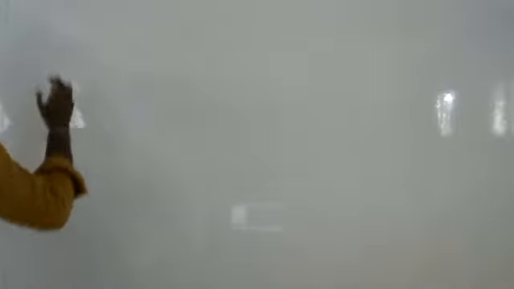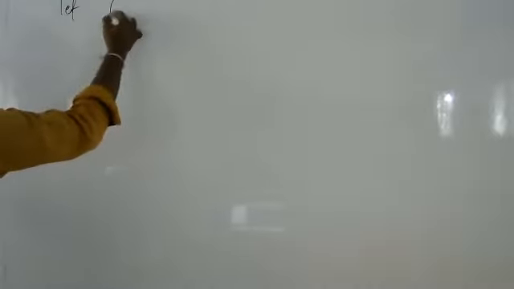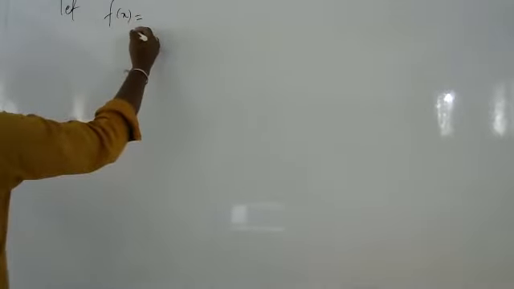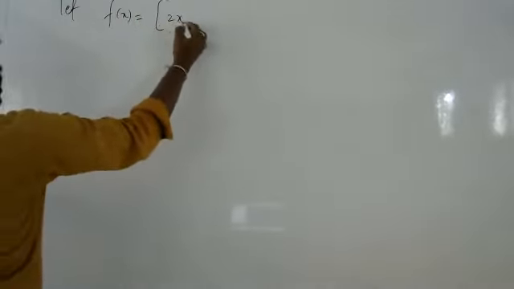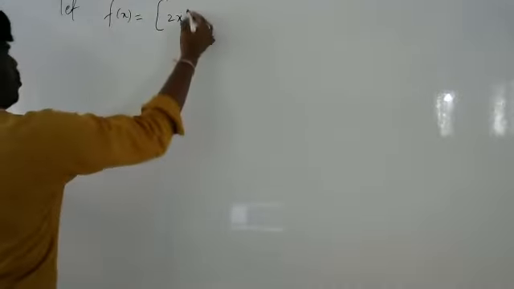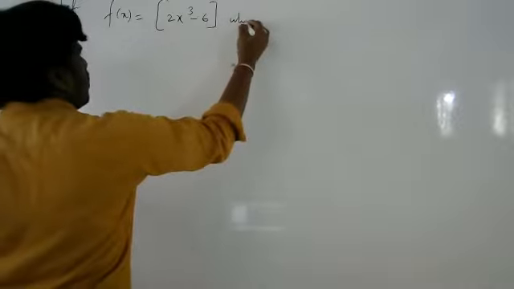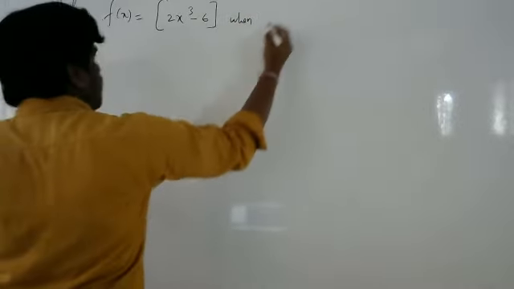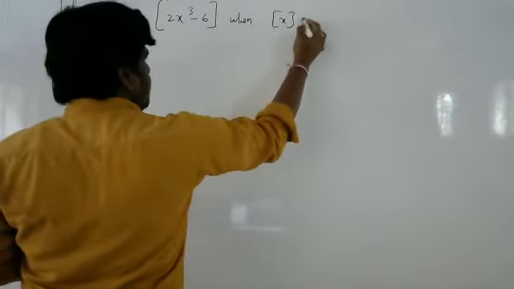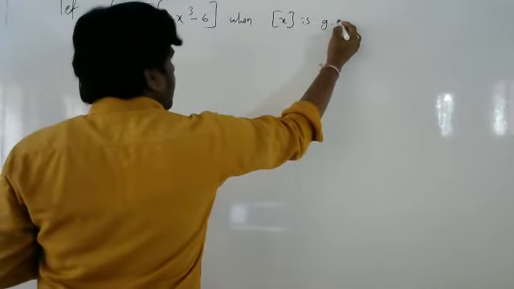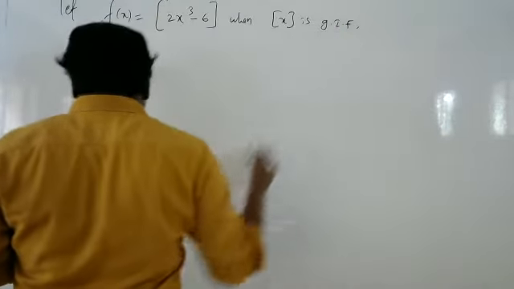Write down this very important question. Let f of x is equal to greatest integer of 2x cube minus 6, where greatest integer is GIF.